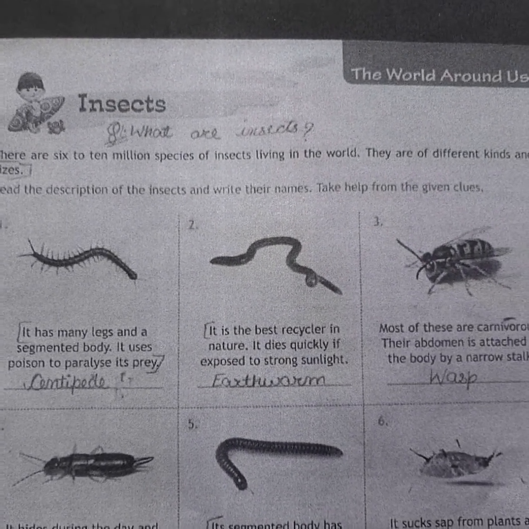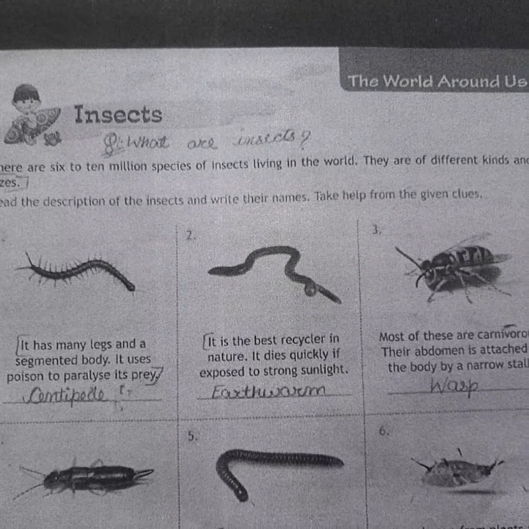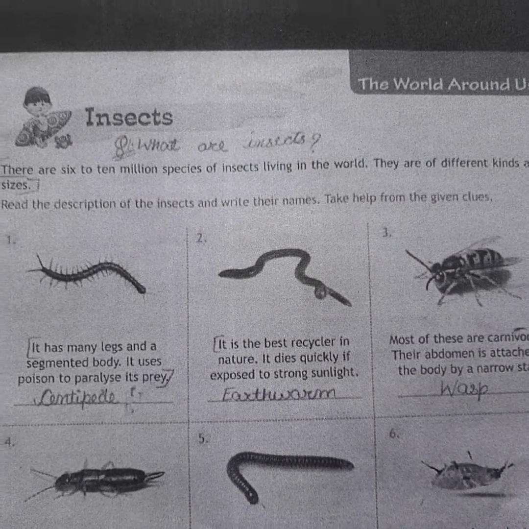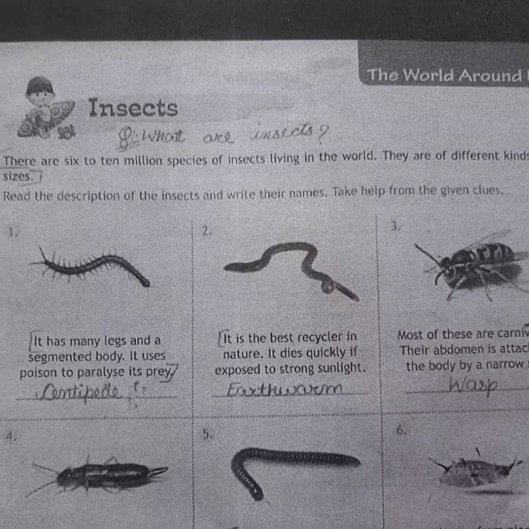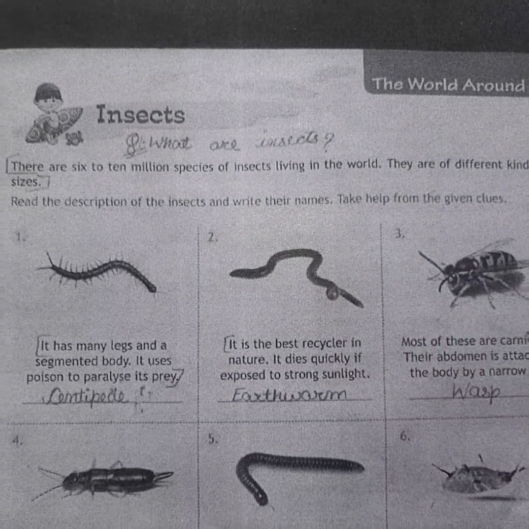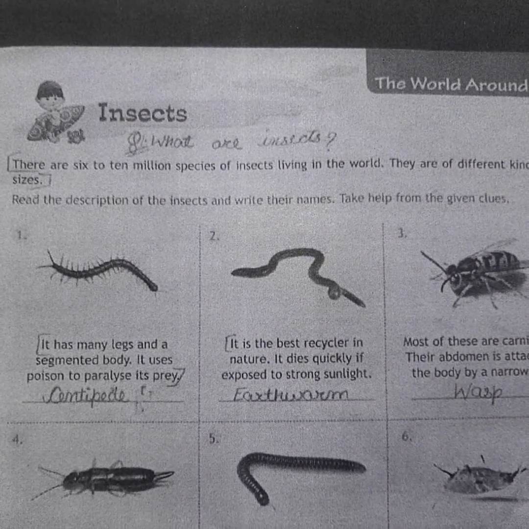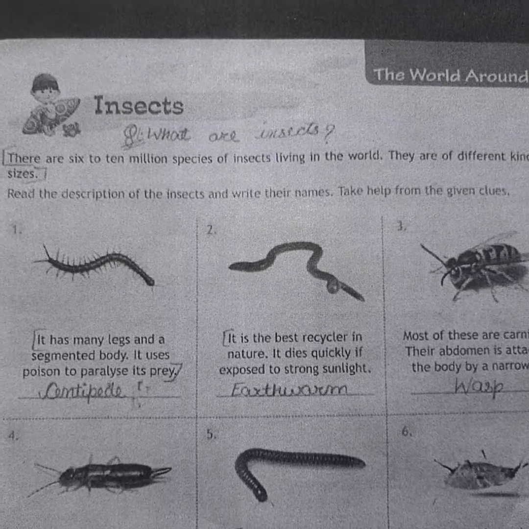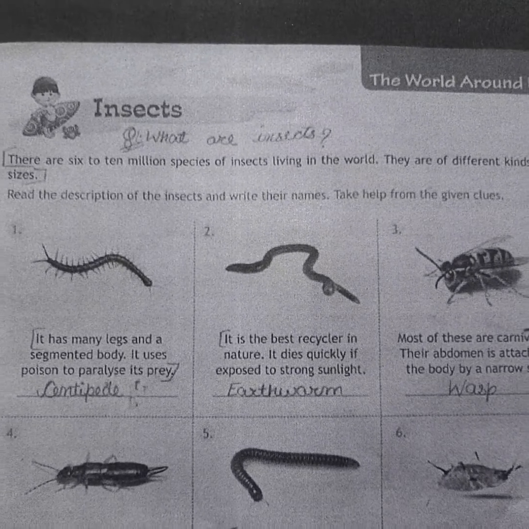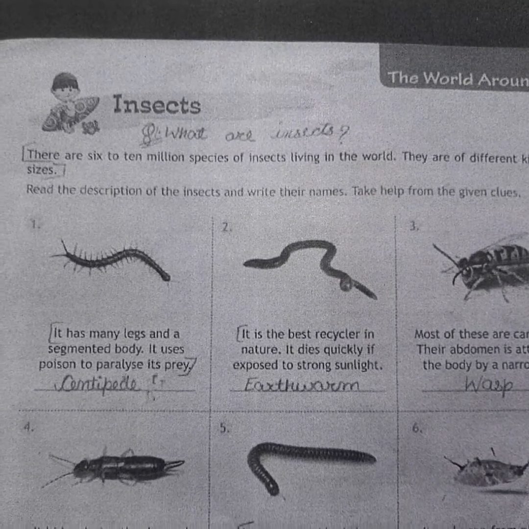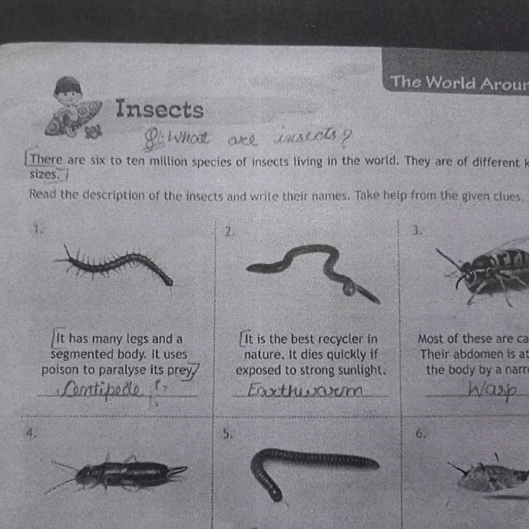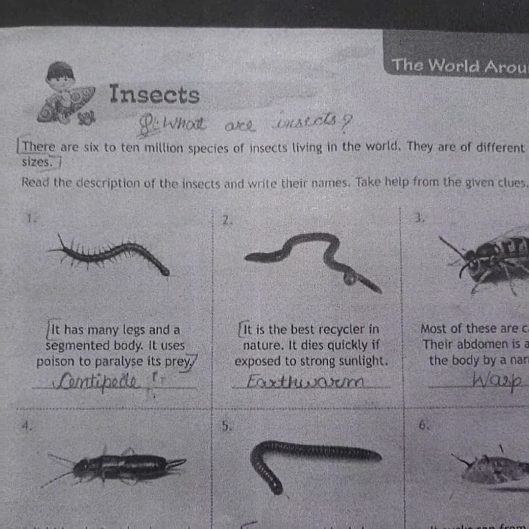We find them wherever there is decomposition, or in a sewage pipe, or in soil or a garden. The name of this insect is earthworm. It helps by eating vegetables and soft things in the soil and converts them to provide good manure.